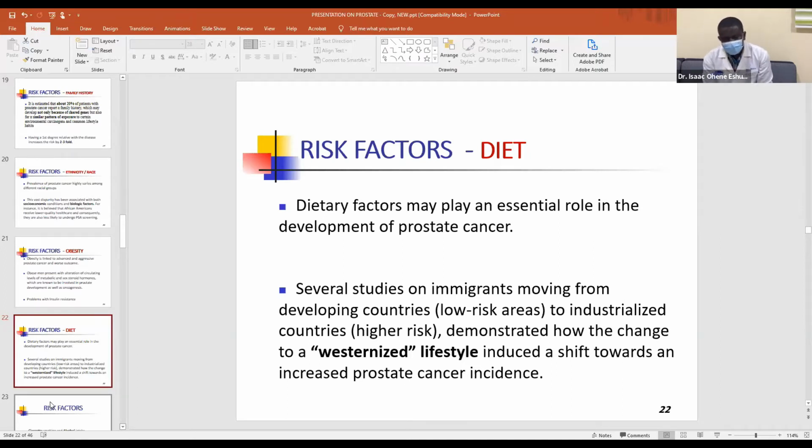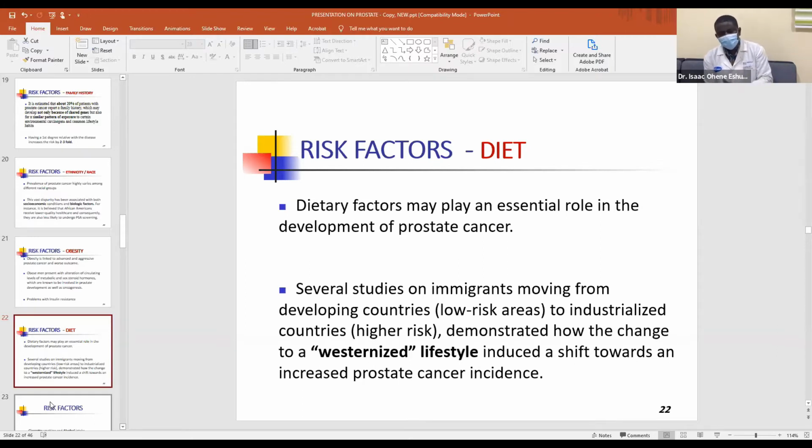Let's look at the second bullet. Several studies on migrants moving from developing countries. Developing countries are countries at low risk because they probably are not so developed, they are not rich, and their meals are more of a local type.